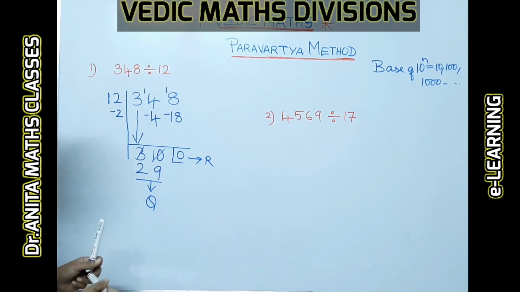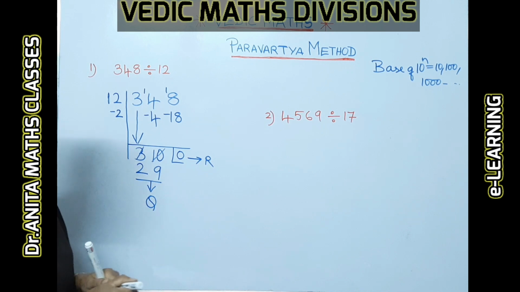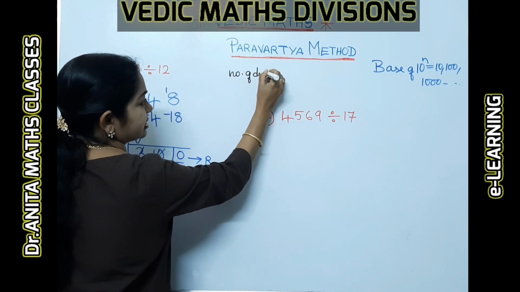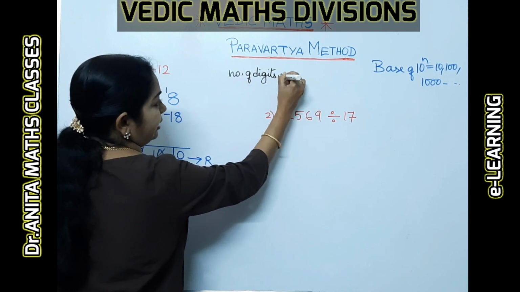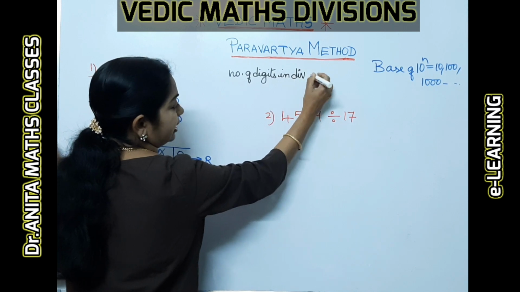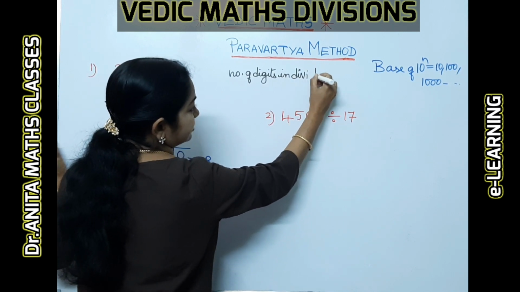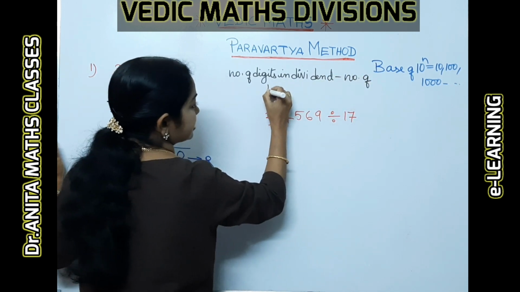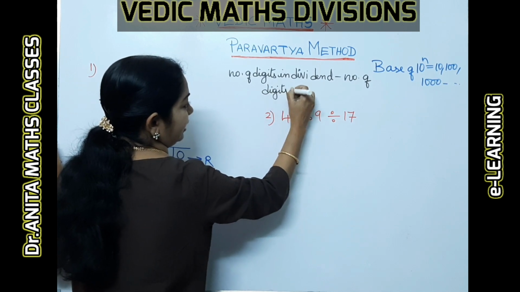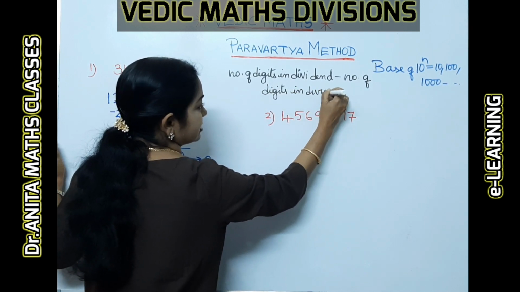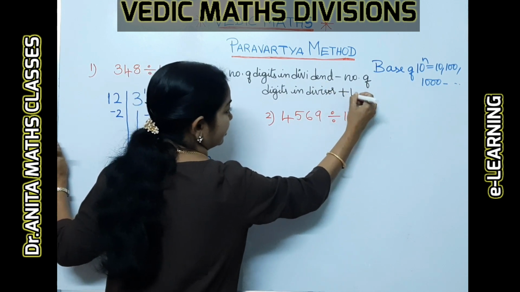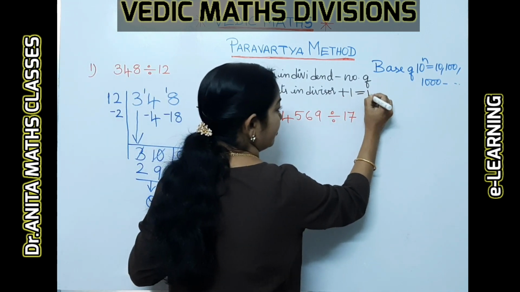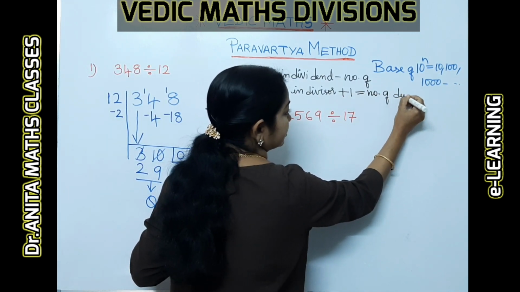The number of digits in the dividend, minus the number of digits in the divisor, plus 1, gives the number of digits in the quotient.